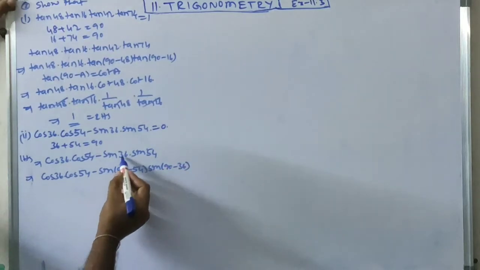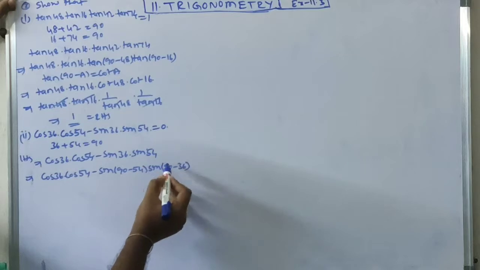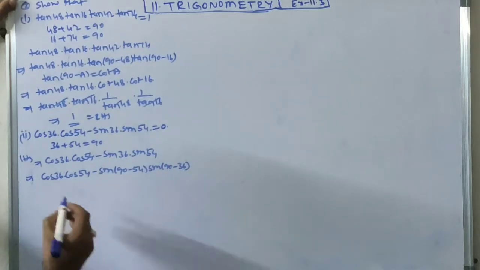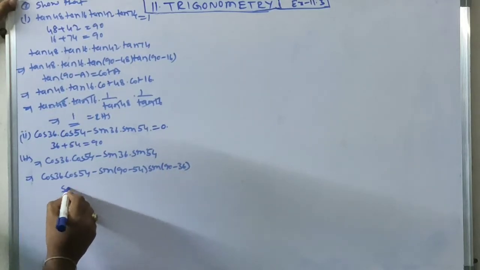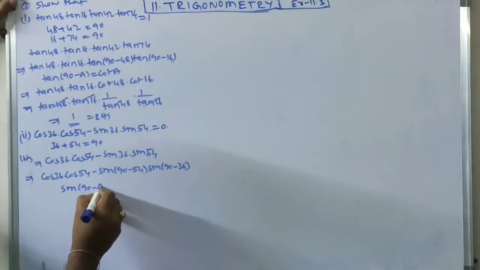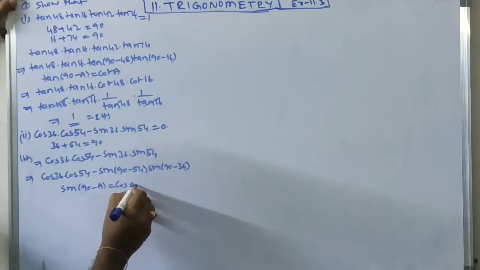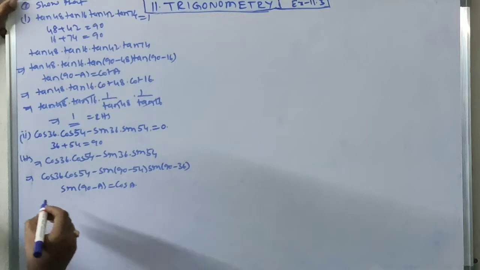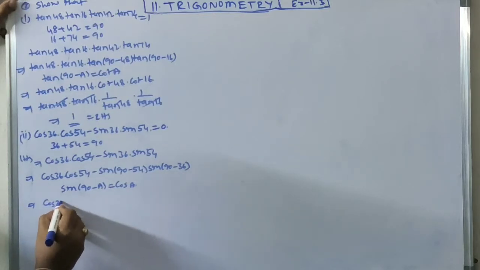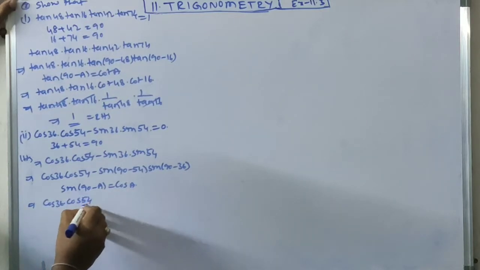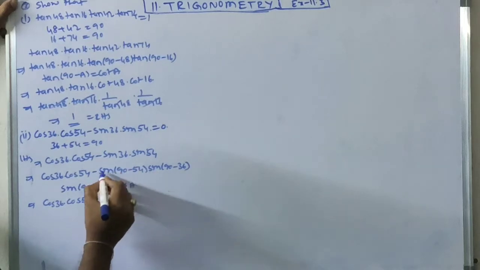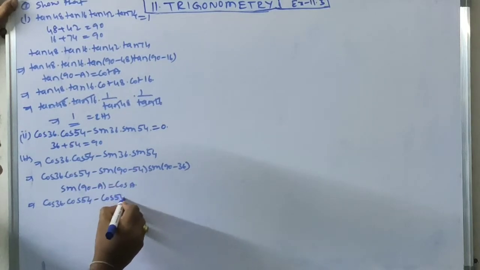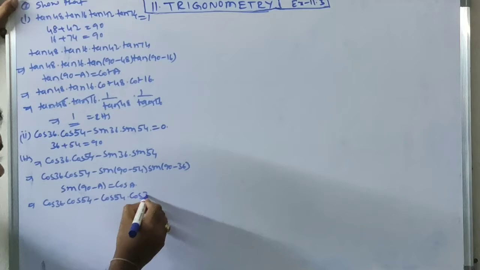So simply 36 equals 90 minus 54, and 54 equals 90 minus 36. This implies sin(90 minus A) equals cos A. So cos 36 cos 54 minus cos 54 cos 36.